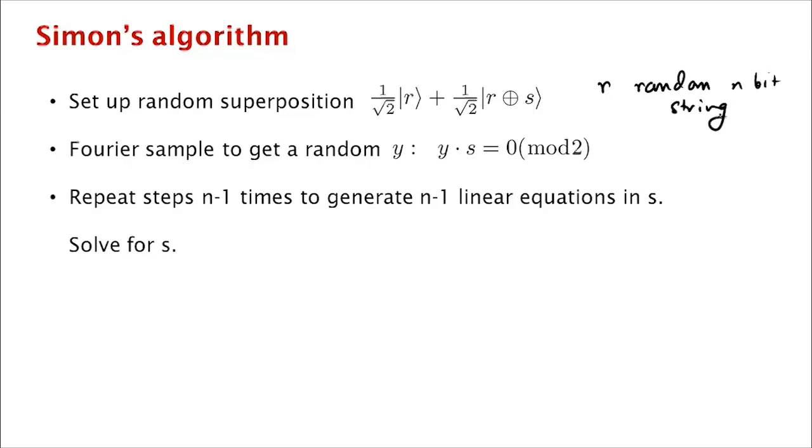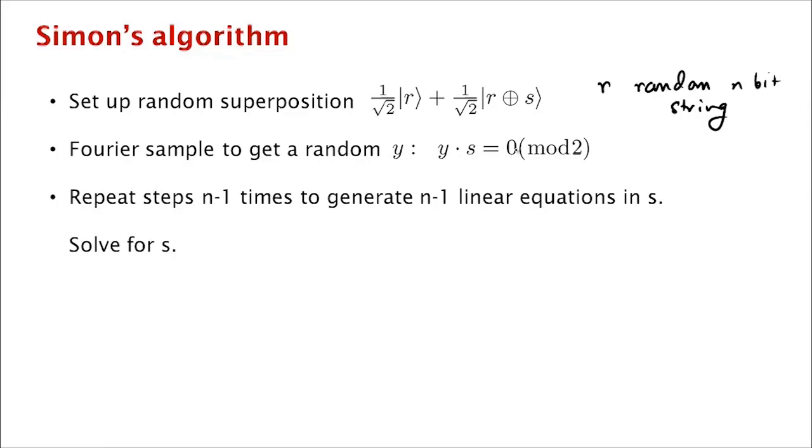In the second step, we are going to do a Fourier sampling of this superposition. So remember, this is a superposition over two n-bit strings: the n-bit string r, and then the bitwise sum of r and s, where s is what we are looking for. When you compute the Hadamard transform and measure, what you see is a random n-bit string y, where y satisfies the linear equation y dot s is 0 mod 2.